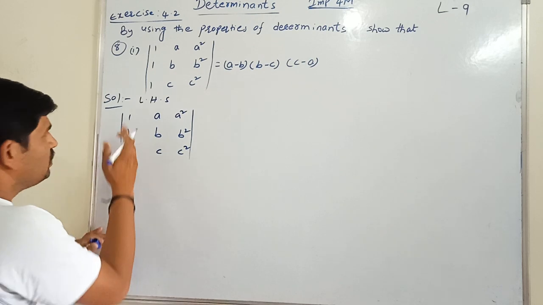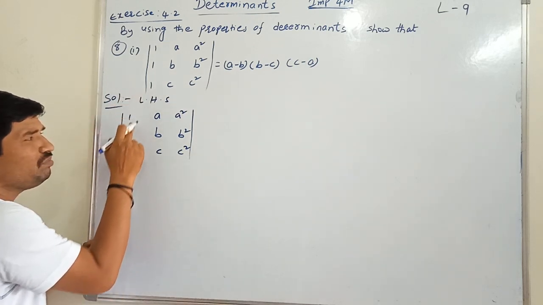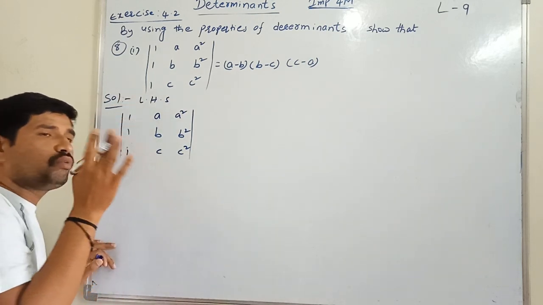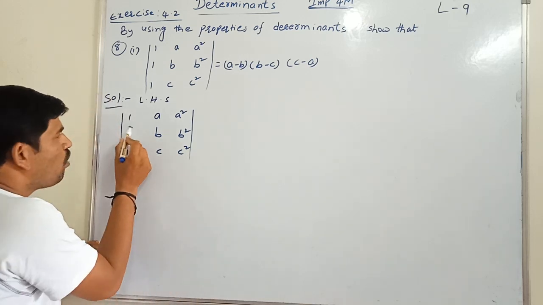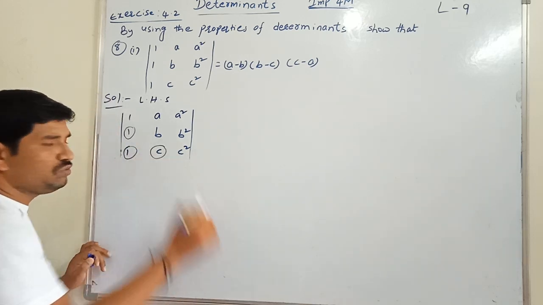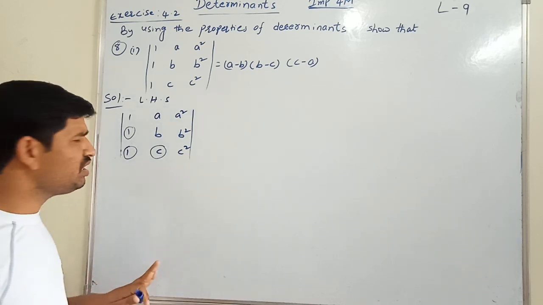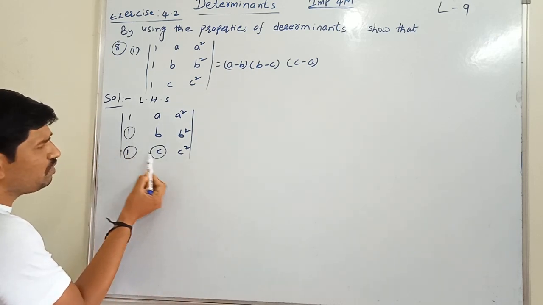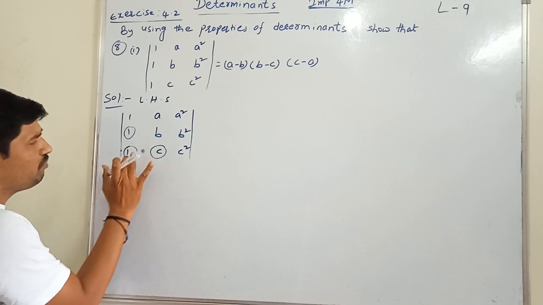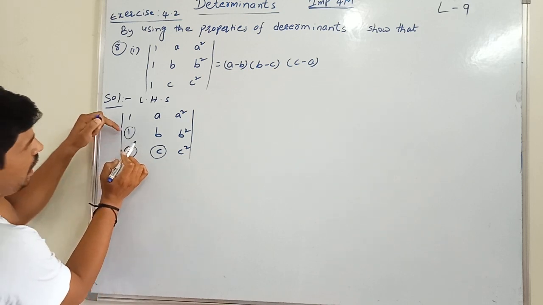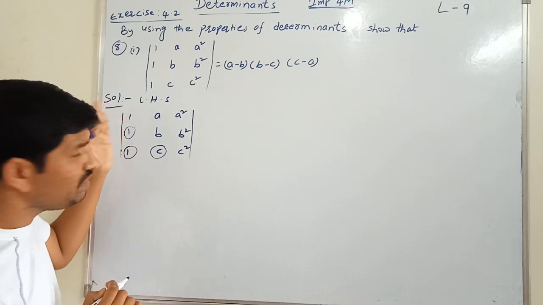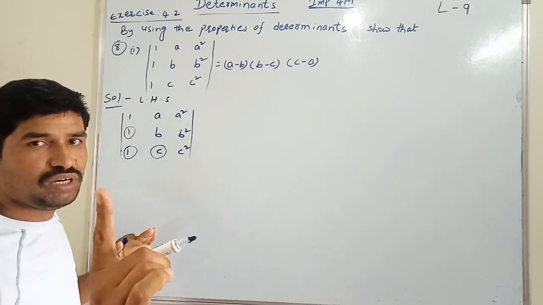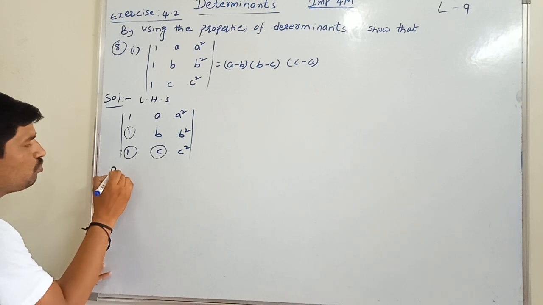Because the column has elements 1, 1, 1, we continue with the row operation, since in the 2nd and 3rd places we have to make 0. To make these two places 0, definitely we write the operation R2 minus R1.